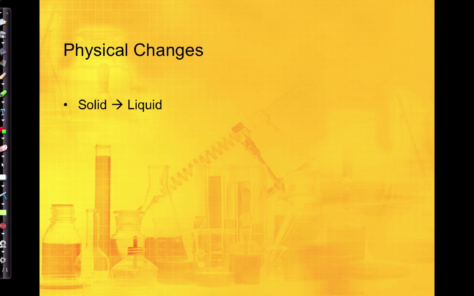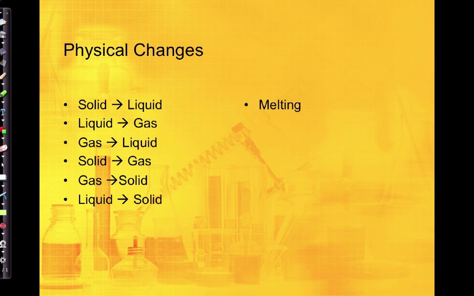So, just so that we have the vocab down, if I take a solid and I turn it into a liquid, or if I do any of these things, these are different phase changes. If I take a solid and change it into a liquid, I'm melting it. If I take a liquid and turn it into a gas, I'm boiling it. If I take a gas and turn it back into a liquid, I'm doing the opposite of boiling, I'm condensing it.